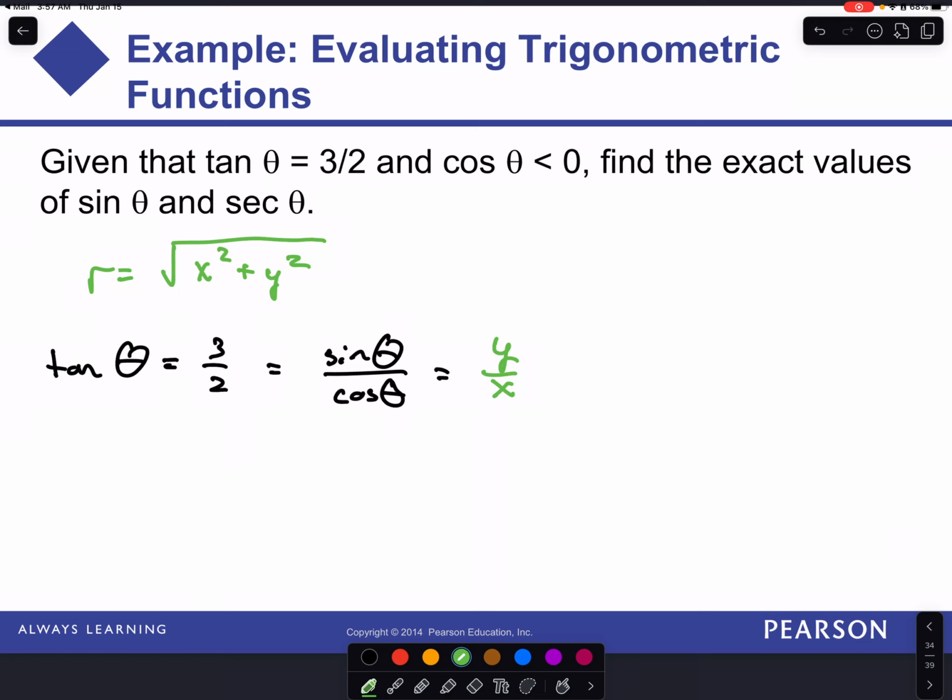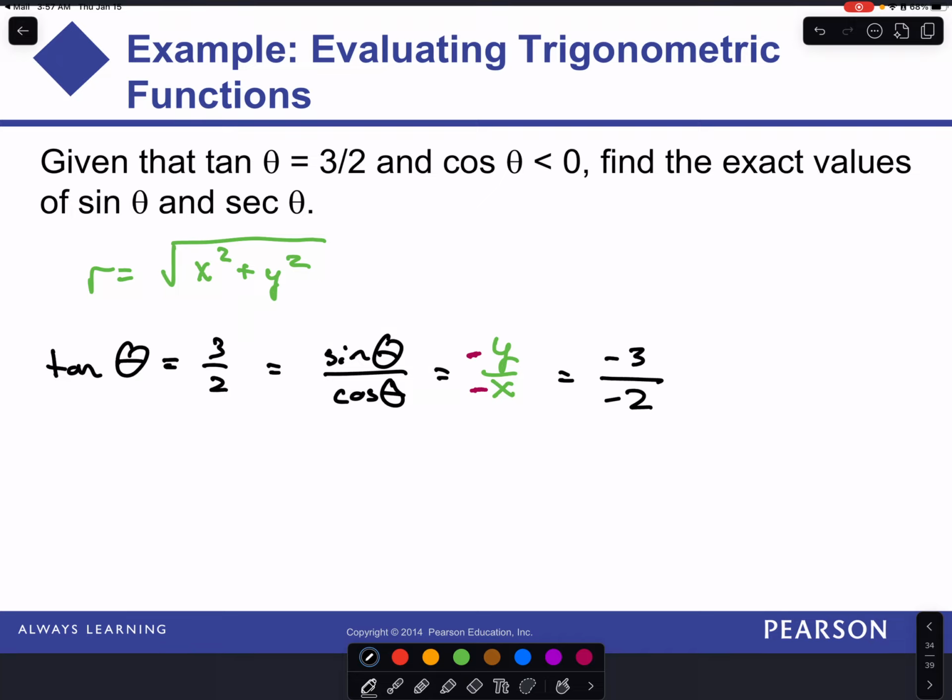It says cosine is negative, so our x is negative, which means our y also has to be negative. So it looks like it's going to be negative 3 over negative 2.